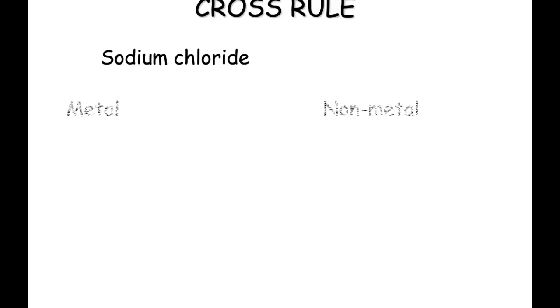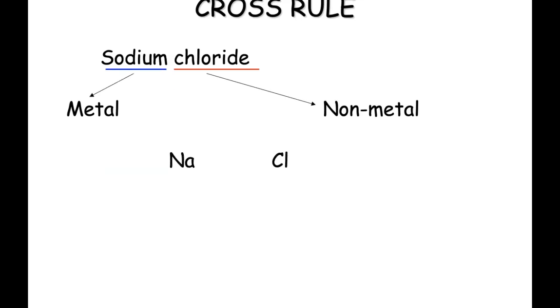And so how do we do this? Well, one of the ways that we can do this is if we have a compound like sodium chloride, and you all have this. Sodium chloride is what you put on your French fries, right? Sodium is a metal. If you look at your periodic table, it's way over on the left. Chlorine is a nonmetal. And so we simply write the symbols for the two elements.